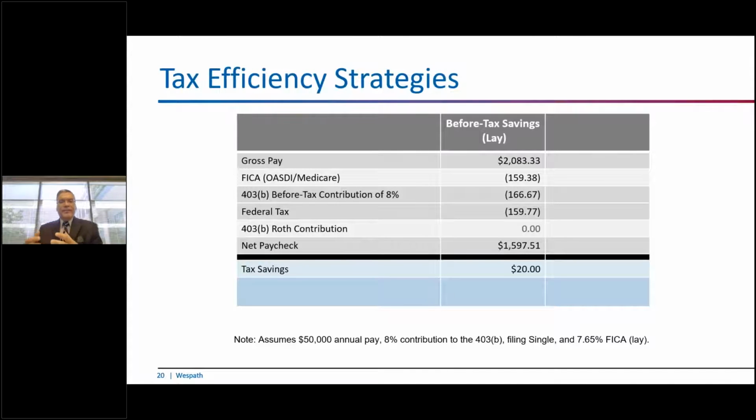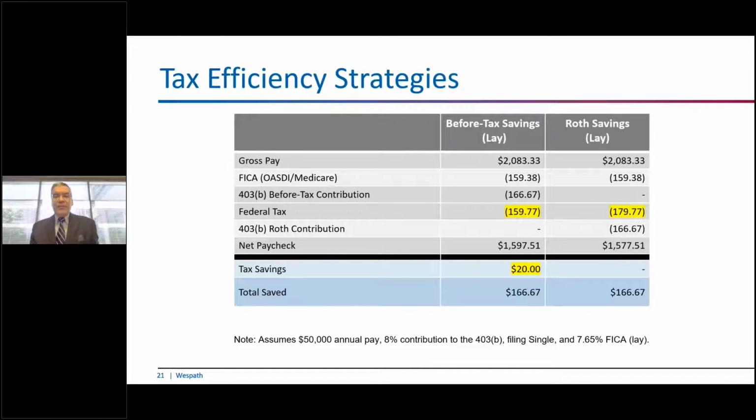So this person that's decided to put in 8%, they've reduced their taxable income. They're going to pay less in federal and state taxes. In this example, they're going to save $20 per pay period. Now, if someone decides to do a Roth contribution, remember I said that was a form of after-tax contribution, they're going to pay the same in FICA, but their federal tax burden will not be the same.